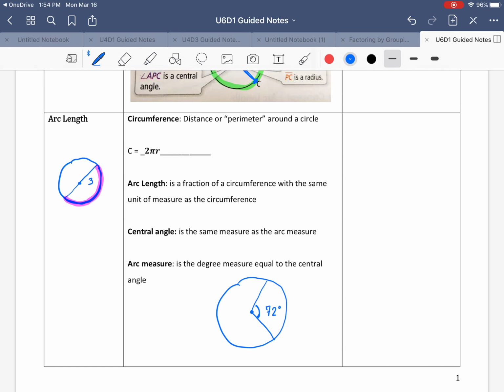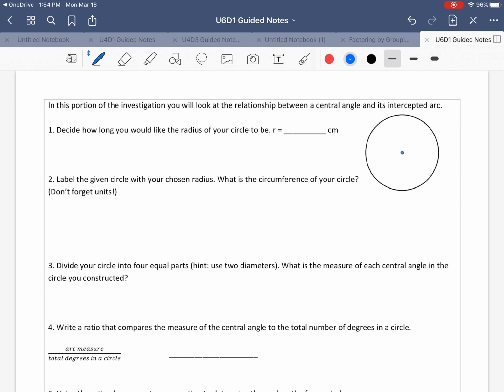Then the arc measure is a degree measure that's equal to the central angle. What that means is this arc also has an arc measure of 72 degrees. All right, so this interior angle, the central angle right here is 72 degrees, which makes our arc measure out here 72 degrees.